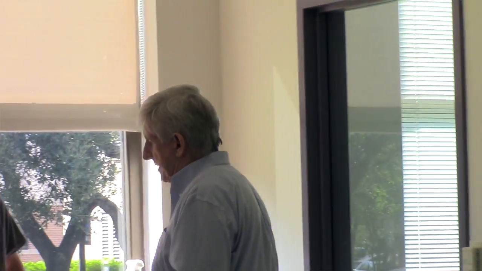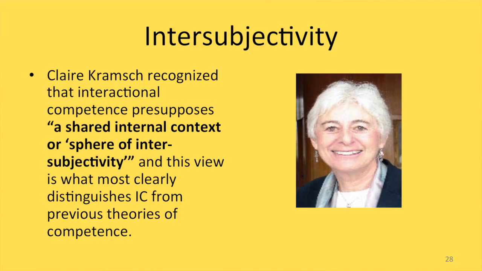What she means is, and once again, interactional competence, the idea of intersubjectivity has been taken up by conversation analysts, because what we assume with intersubjectivity is that basically I have a good guess what's in your mind. So when I talk about something and you talk about something, I hope that we have some sort of common understanding.